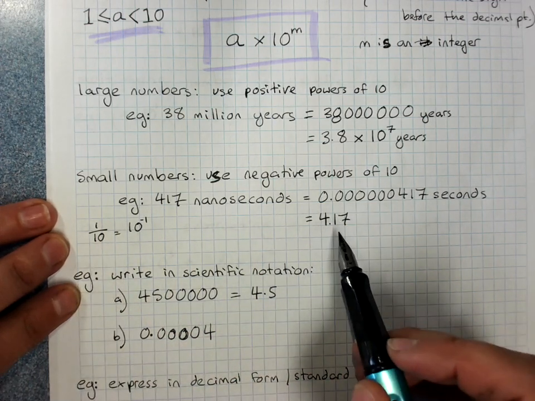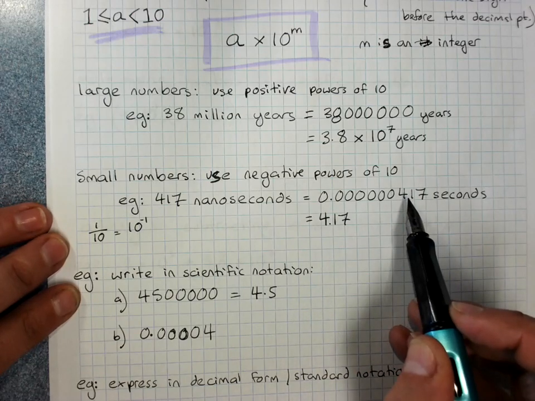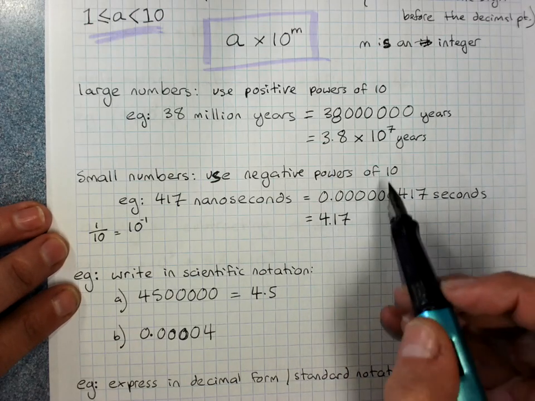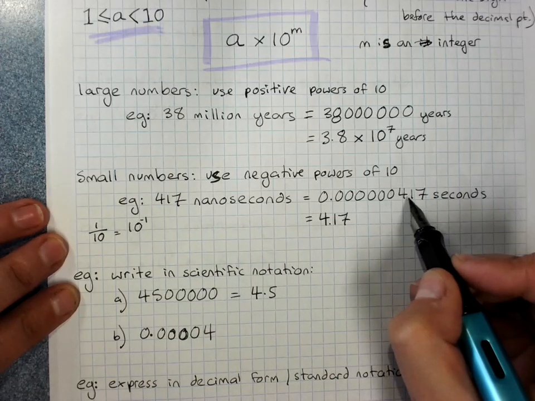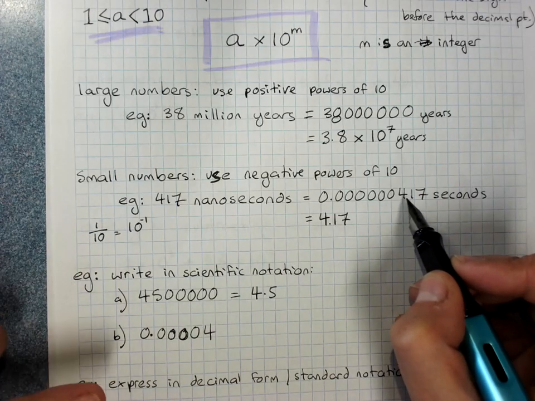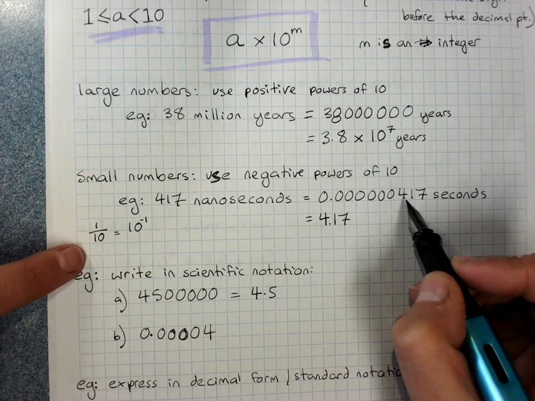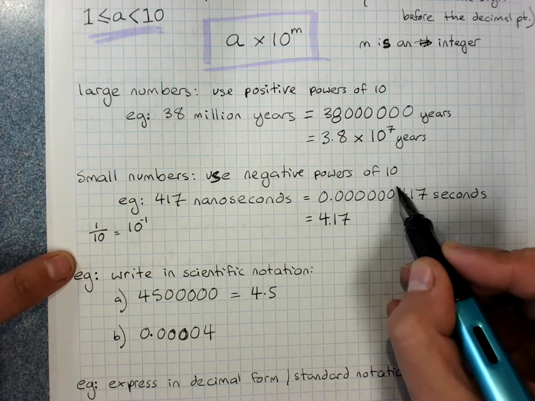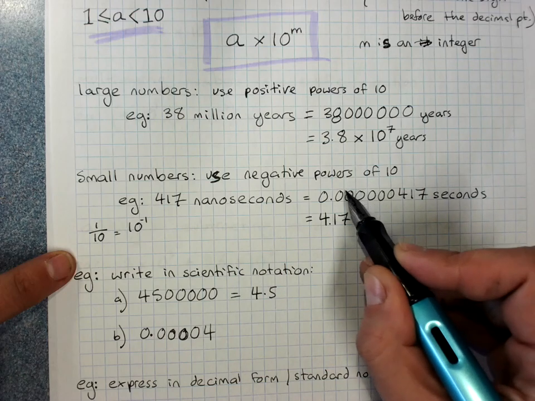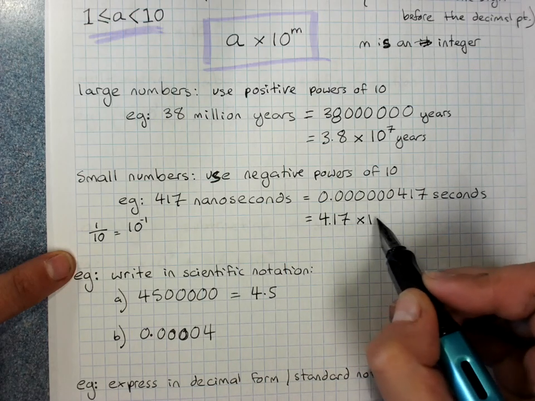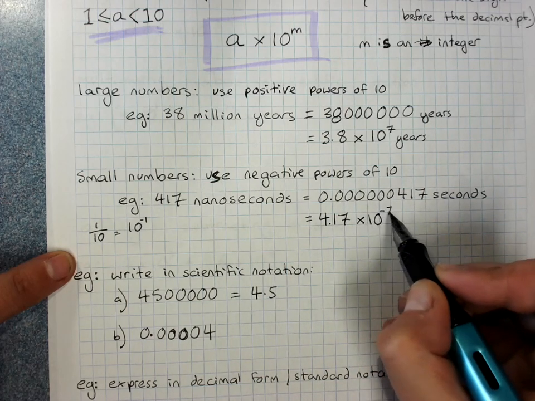If I've got 4.17 and I wanted to get it back to being this really small number, how many times would I have to divide by 10 or multiply by 1/10 to get back to it? 1, 2, 3, 4, 5, 6, 7. So this is times 10 to the negative 7.